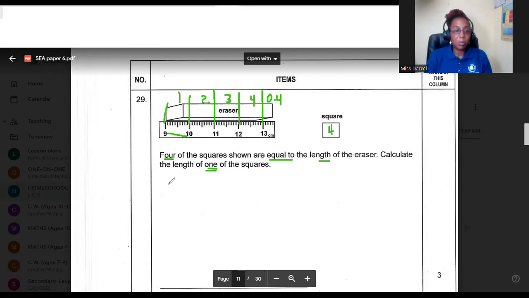So the length of the eraser is 4.4 centimeters.